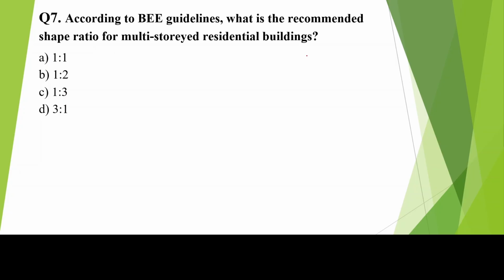The SAPE ratio is based on the elongated form along the east-west axis. For this question number 7, try to give your answers. It was well discussed, so try to recall.